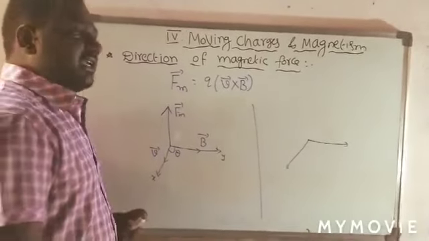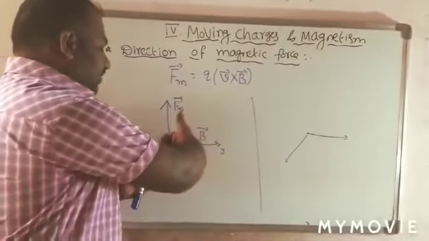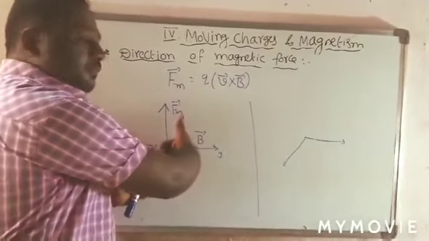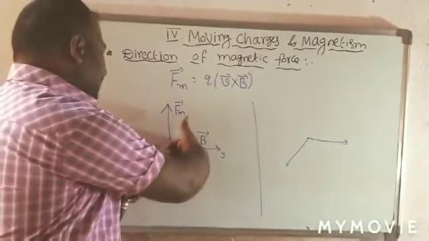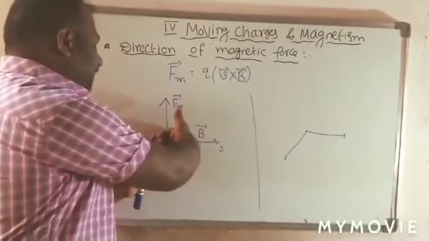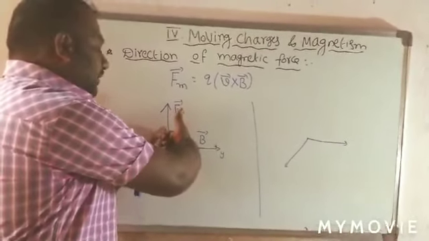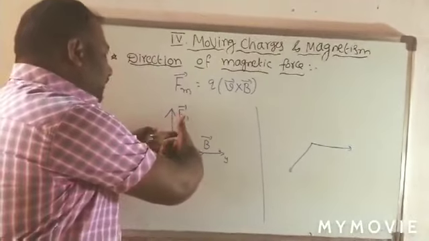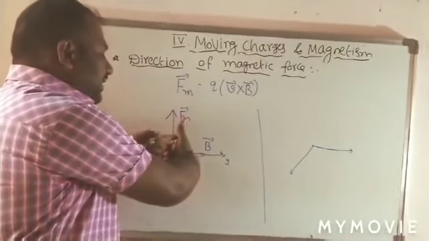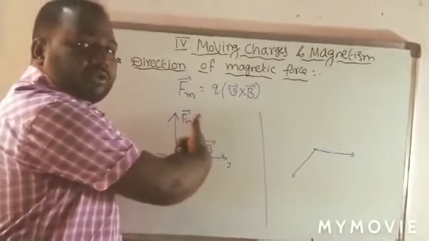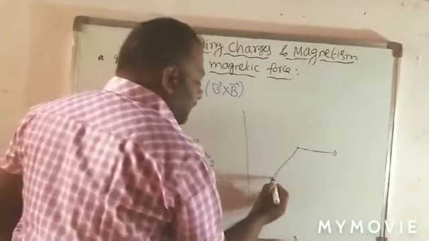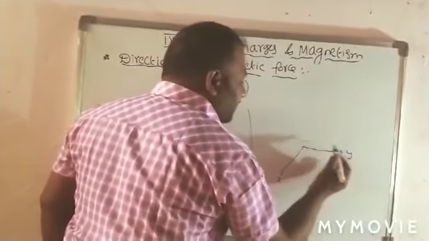The magnetic force direction is calculated in this manner. When we put the right hand like this, and curl the fingers from the velocity vector to the field vector, then the thumb pointing upward is known as the magnetic force direction. In a similar way, here it is the x axis and y axis.